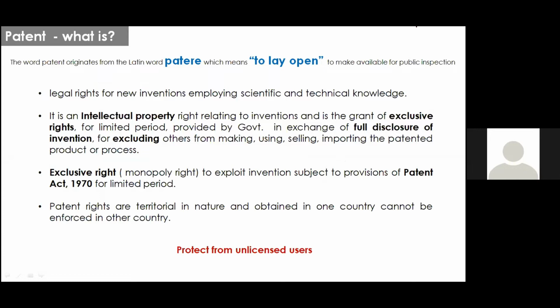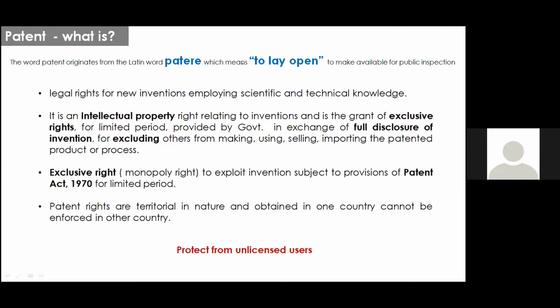So a patent can also be seen as an intellectual property right relating to an invention, and is a grant of exclusive rights for a limited period of time provided by the government in exchange for full disclosure of the invention, and that can help in excluding others from using, making, selling or importing the patented product or the process.